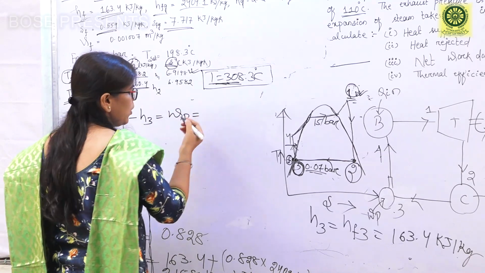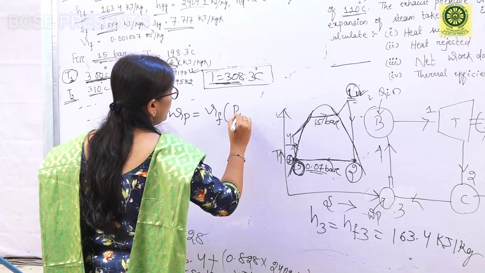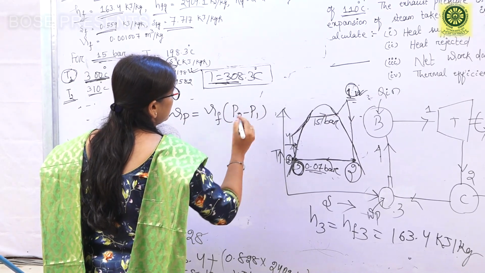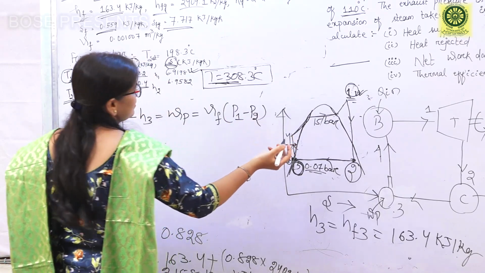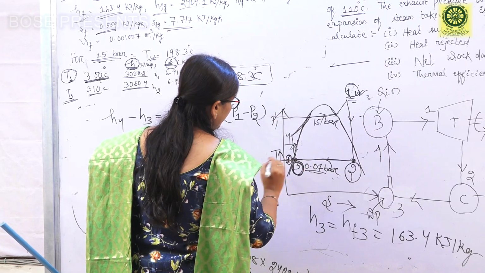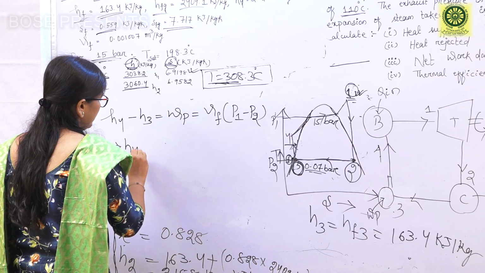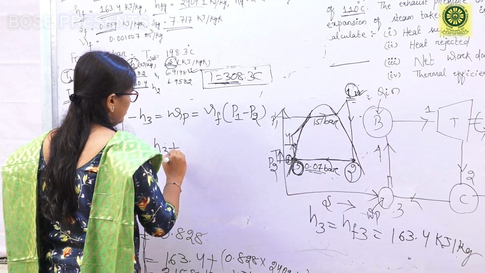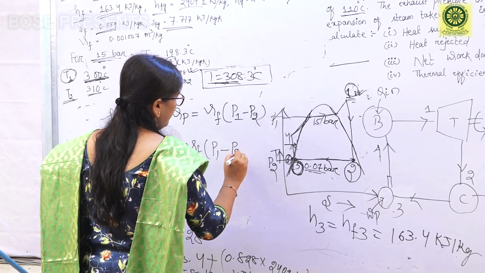And pump work is how much? You know, for pump work it is Vf into P2 minus P1, where this one is your P1 pressure and this one is your P2 pressure. So what will be my H4 then? H3 plus Vf into P1 minus P2.